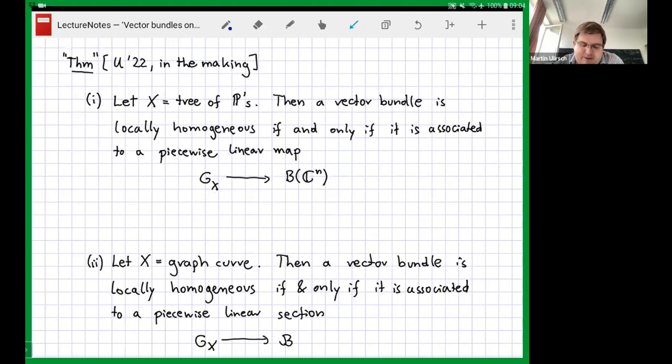This piecewise linear map from the dual graph to the Bruhat-Tits building doesn't just encode the vector bundle. It also tells you something about filtrations at each of the nodes coming from both sides. So yes, there should also be some form of parabolic bundles floating around, but since this is a result in the making, I cannot make this precise as of now.